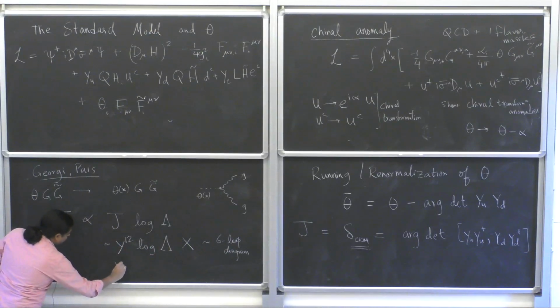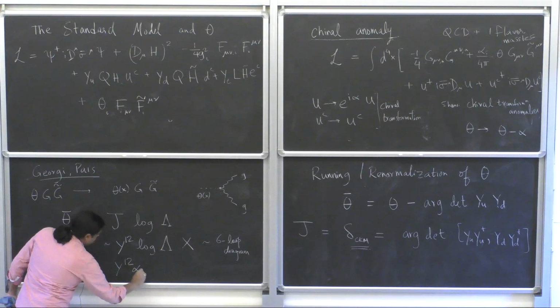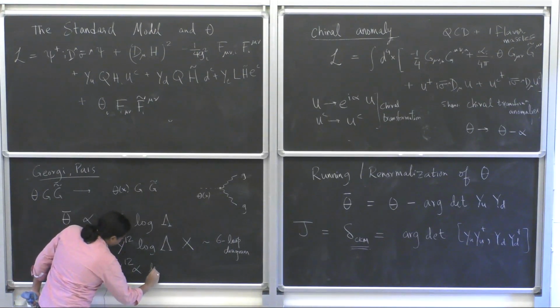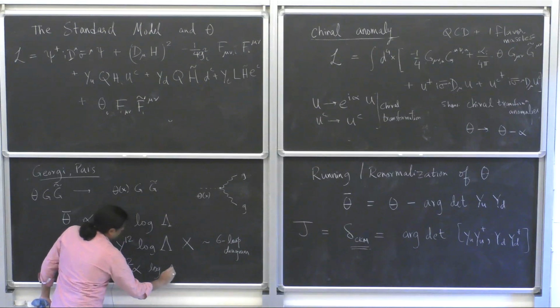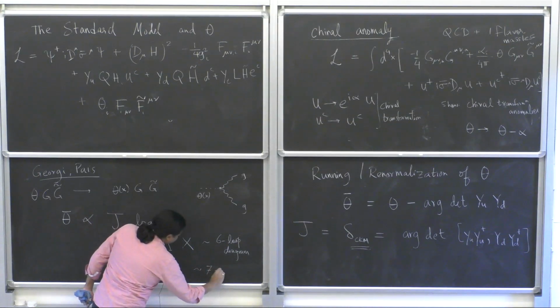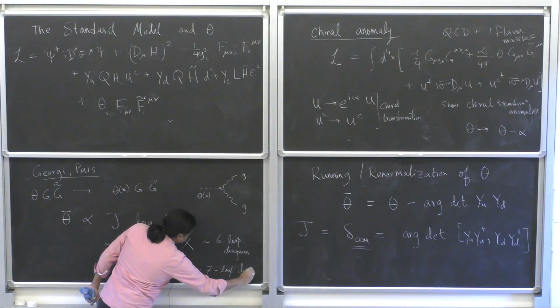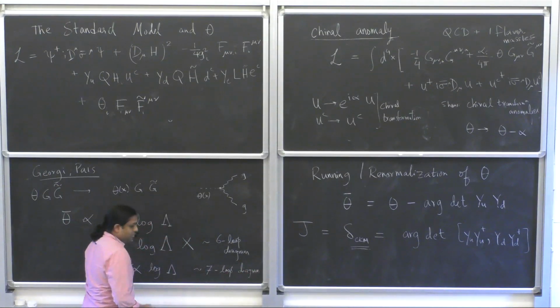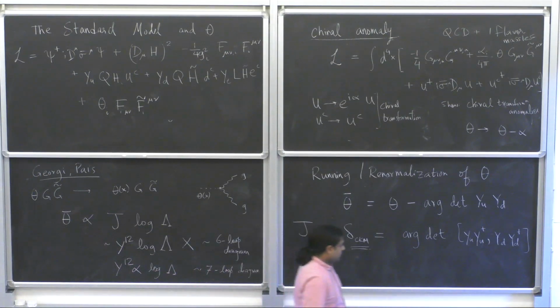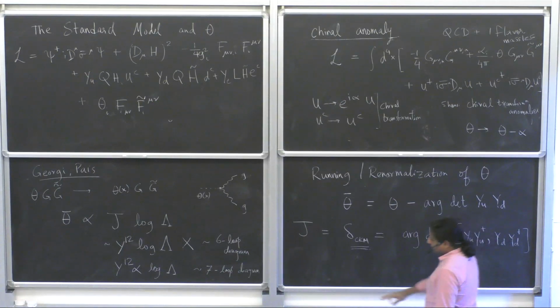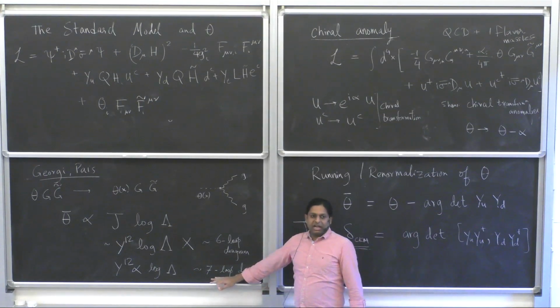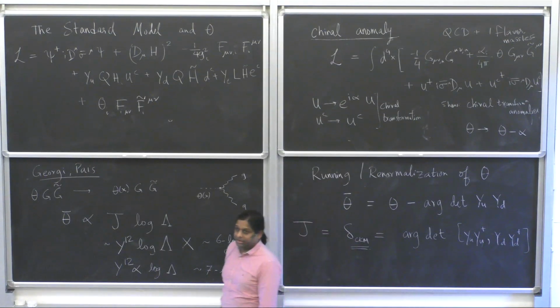The first diagram you get is something like y to the 12th alpha, or y to the 14th, which is a 7-loop diagram. That wasn't obvious, and it is a ridiculously high order to go to for a divergent diagram.